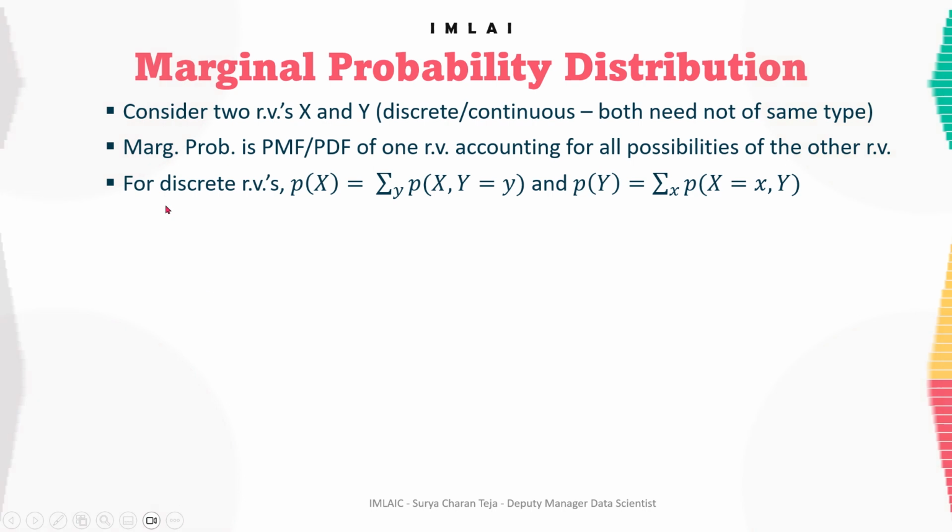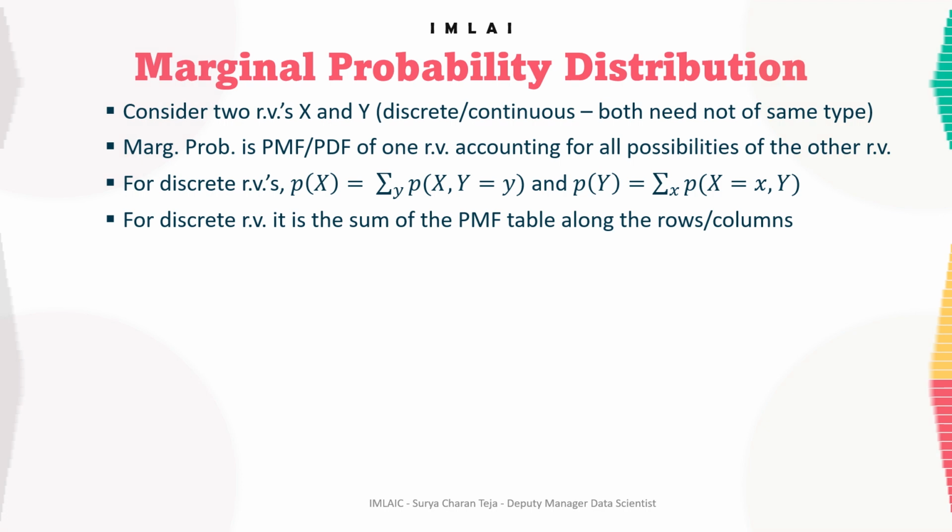Or else, if you want the marginal probability distribution for Y, then P of capital Y equals sigma over X of P of capital X equals small x comma capital Y. This is how you calculate the marginal probability distribution for the respective random variable, regardless of the other variable, which is part of the joint probability distribution.